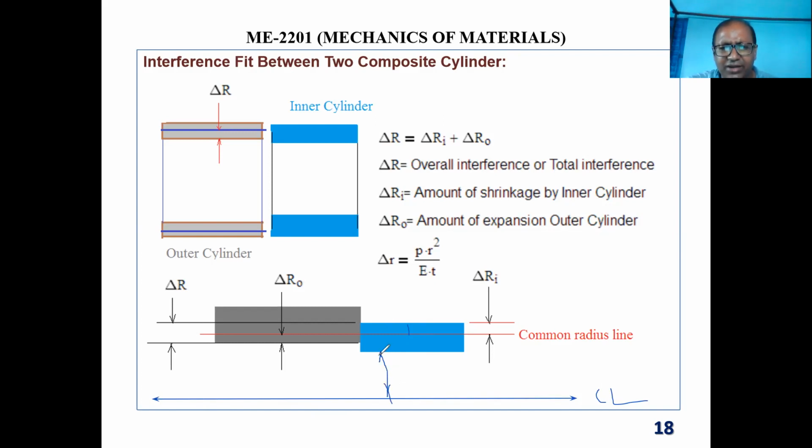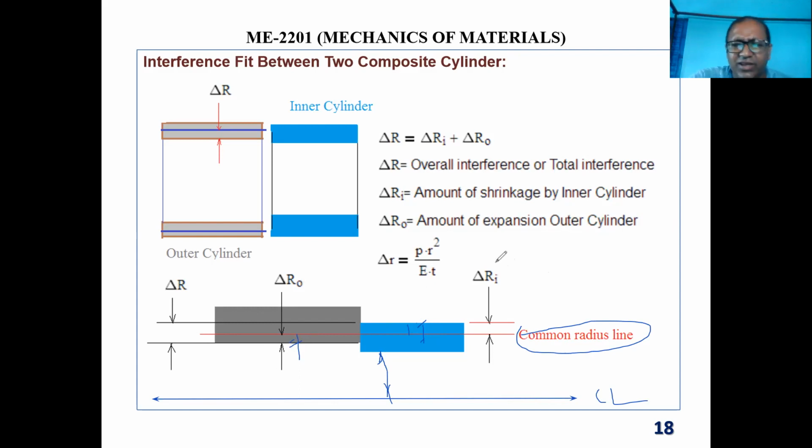But after assembly, they both come to a common radius line, which is this. So what does it mean? That means the inner cylinder has to shrink by this much, delta Ri, and the outer radius has to go bigger by this much. Then this one will go inside of this. That means after assembly, they come down to a common radius.